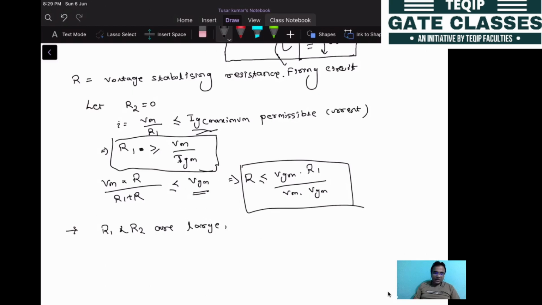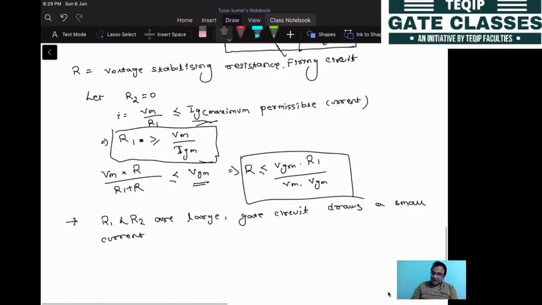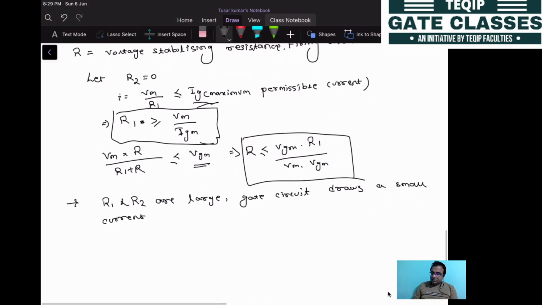As these values are large, obviously it will draw a very small current. So you can write down, the gate circuit draws a small current. Clear? As R1 and R2 are very large values, that's why it will draw a very small current.